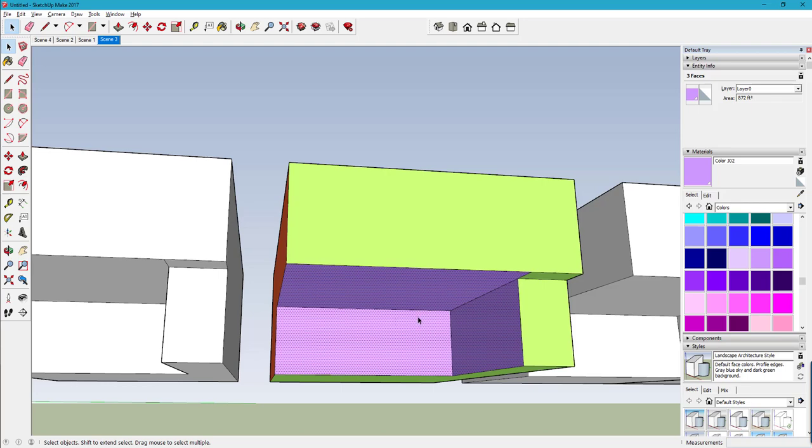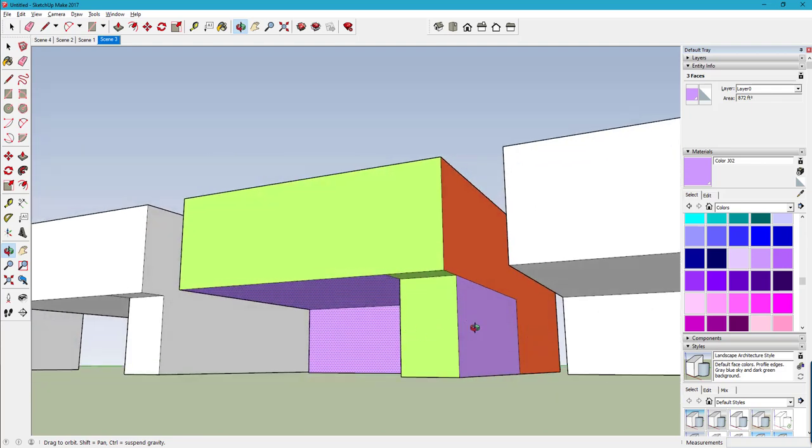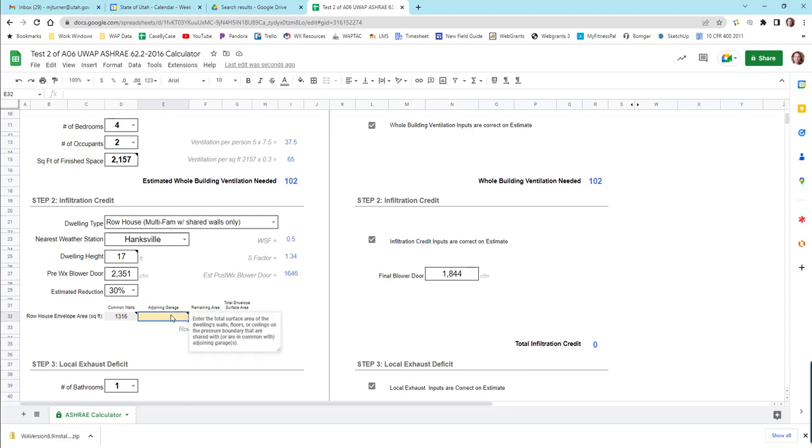It also has to do with any adjoining garages, and since there is a wall that our conditioned space shares with an adjoining garage, we also need to add in that surface area. So all of those combined is an area of 1,040 square feet. So we'll add that into the calculator.